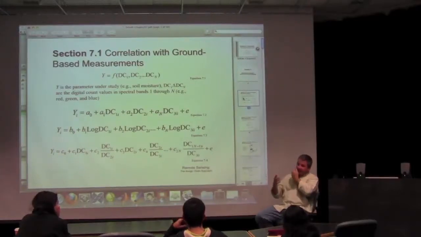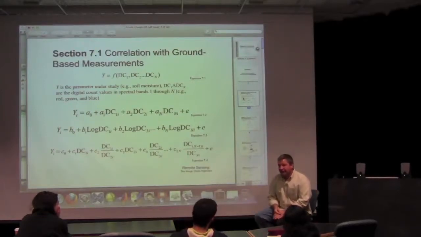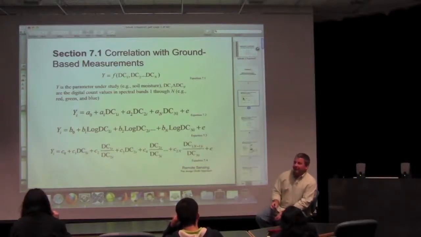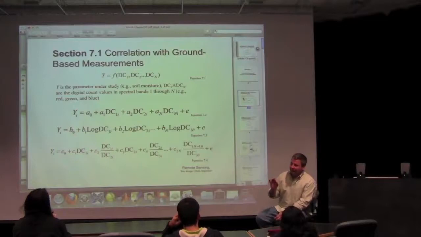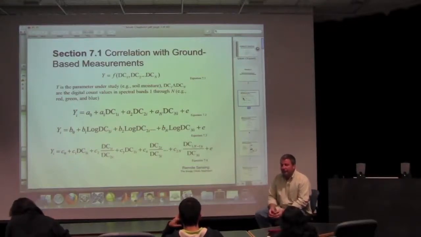We have energy that reaches the front end of the sensor, it's recorded as a digital count. Now we can convert that digital count to a radiance value, an absolute value. That's what you would call sensor calibration, right? Being able to convert that energy entering the aperture of the system into an absolute radiometric quantity.